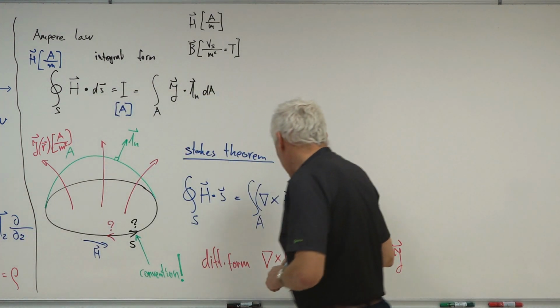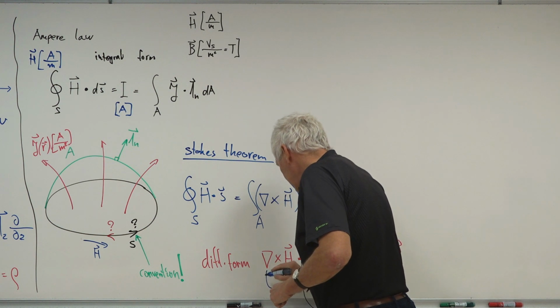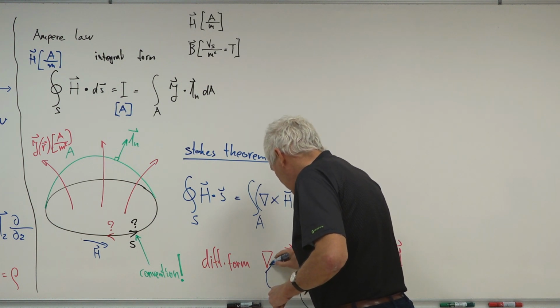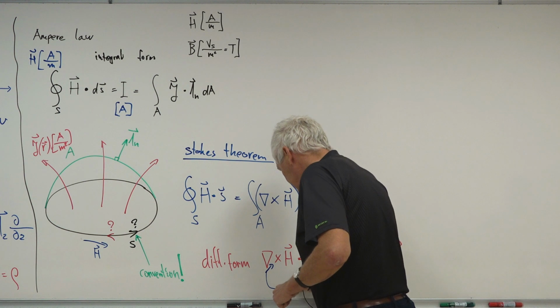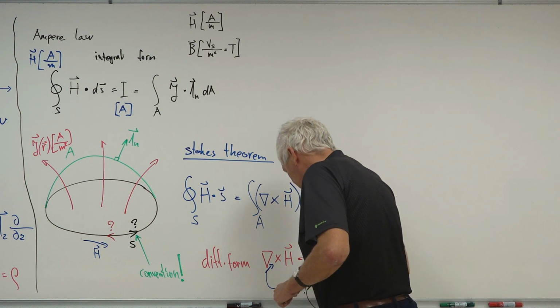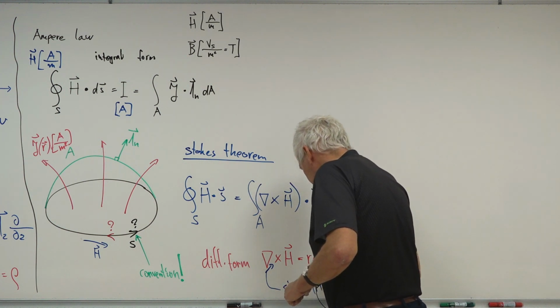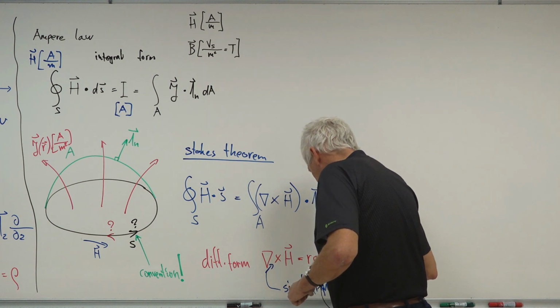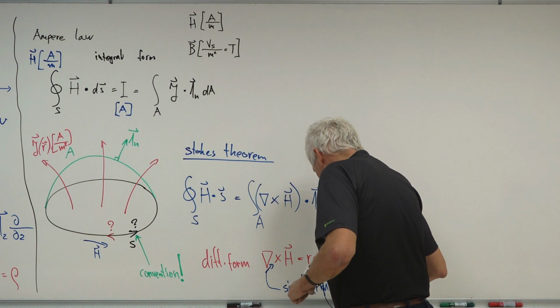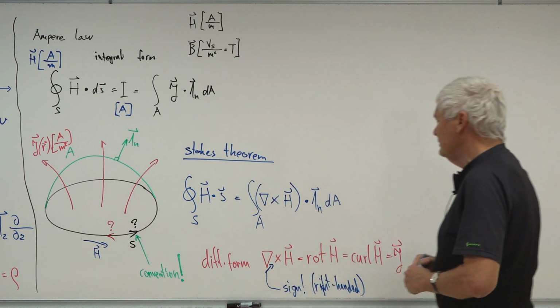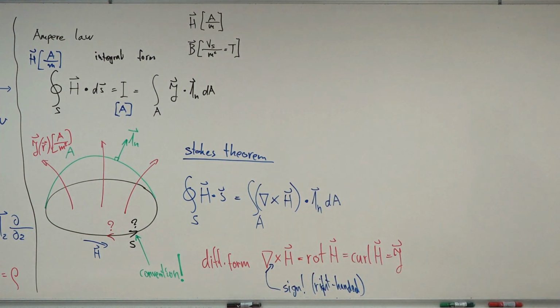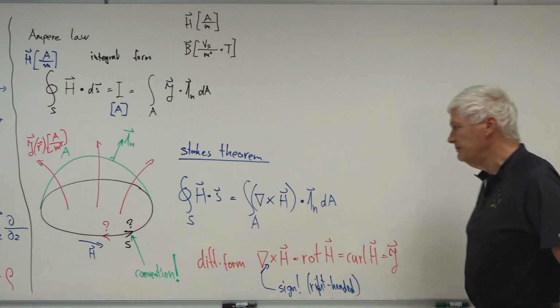The sign is in this cross product. If we are calculating the cross product in a right-handed coordinate system, we get the sign correct. So with this, we fix the sign.